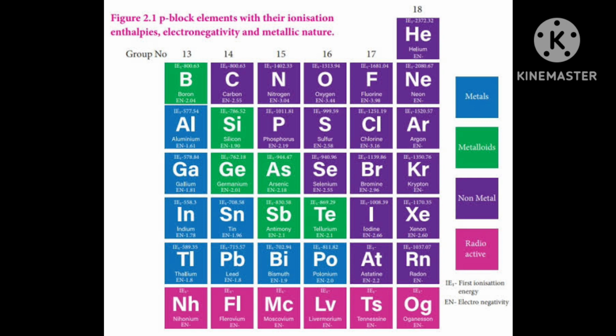Particularly, I am talking of the boron, carbon and nitrogen families, that is groups 13, 14, 15. In these families, the group oxidation state is the most stable state for the lighter elements in the group, that is in the beginning only.